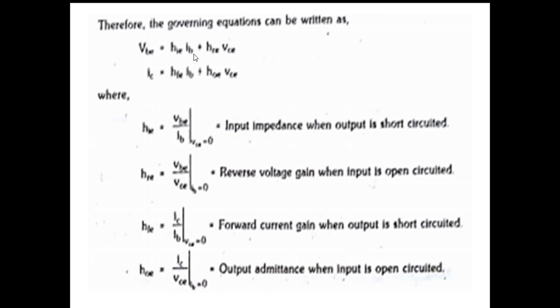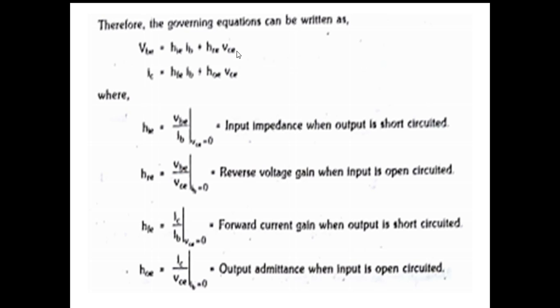From the basic equation, VBE is equal to HIE IB plus HRE VCE, where IB is the input current, VCE is the output voltage, and VBE is the input voltage.